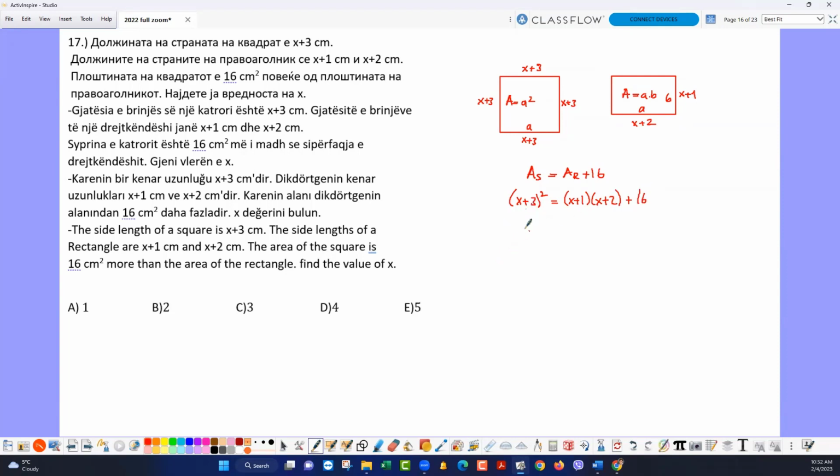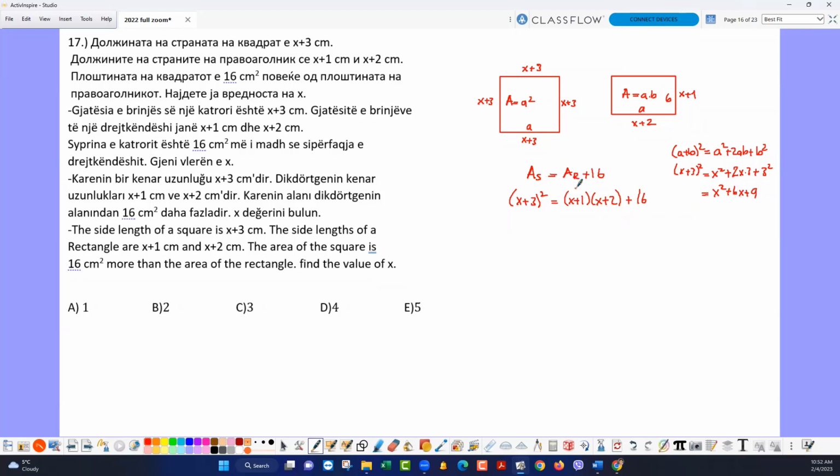Firstly, you need to remember the formula: a plus b squared is equal to a squared plus 2ab plus b squared. For x plus 3, it's going to be x squared plus 2 times x times 3 plus 3 squared, which is equal to x squared plus 6x plus 9.